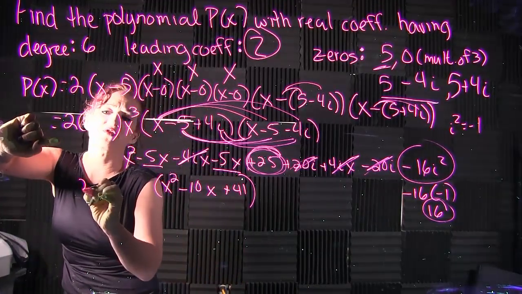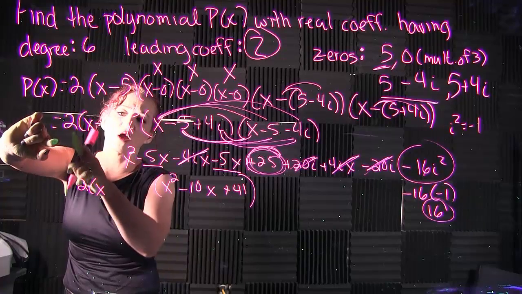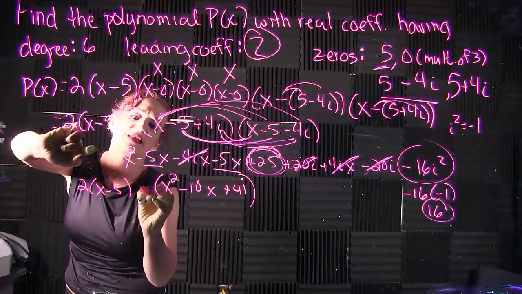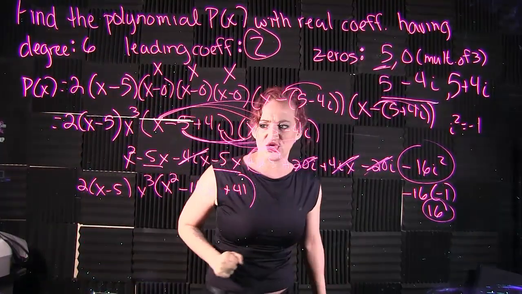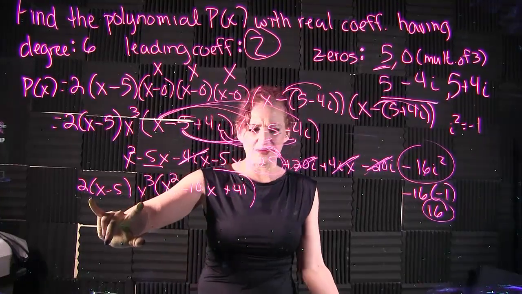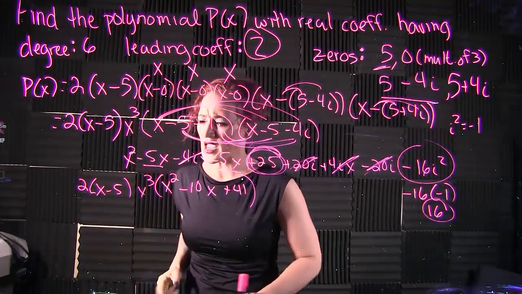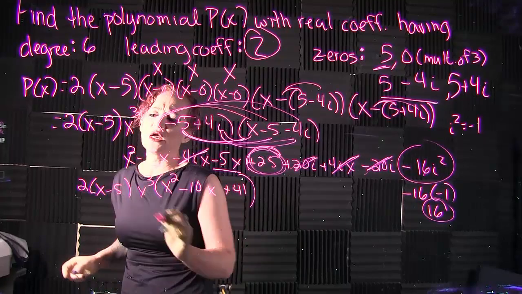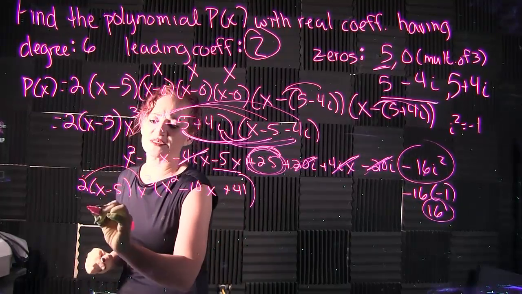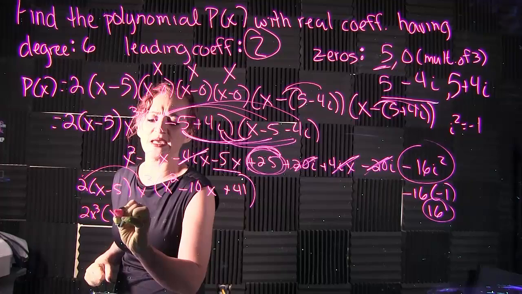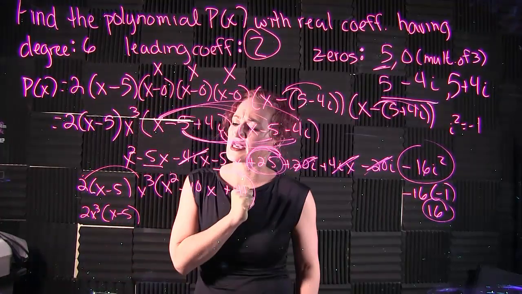Drop down the front part of the problem we had over here, that 2, that x minus 5, and that x cubed. So I'm going to clean up this front part and multiply that out. I'm going to do this 2 times this x cubed, times this x minus 5.